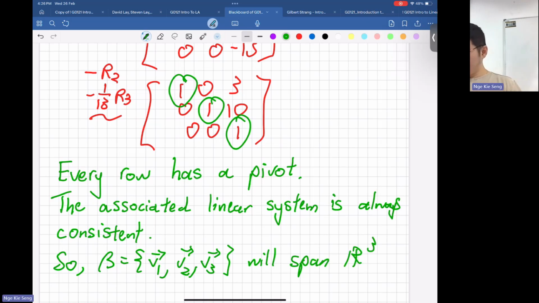You should imagine if I'm going to solve for any B1, B2, B3, you can always find a solution. Why can you always find a solution? This is also one point you guys missed in the quiz. Because you won't have the case 0 equals something non-zero.